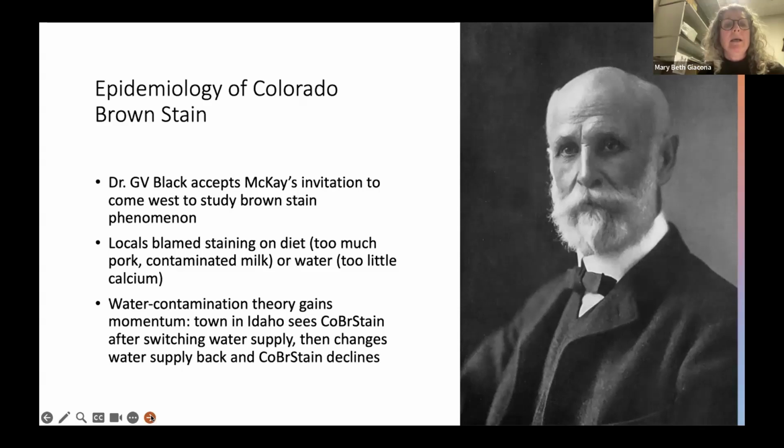So it starts to gain momentum when a town in Idaho switched their water supply, and all of a sudden they started seeing the prevalence of Colorado brown stain, then switched their water supply back and saw the incidence of Colorado brown stain in its population declining. So everybody was starting to point to the water, but not really clear on what it could have been in that water.